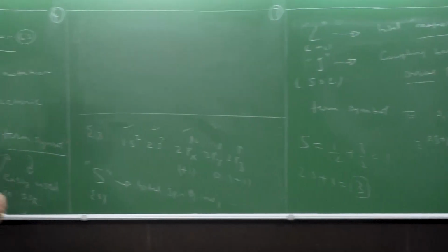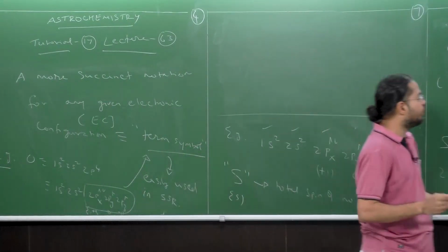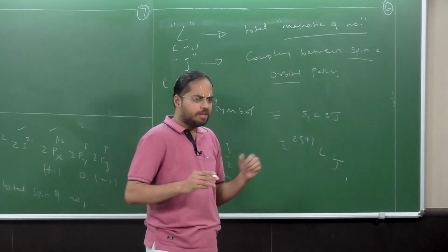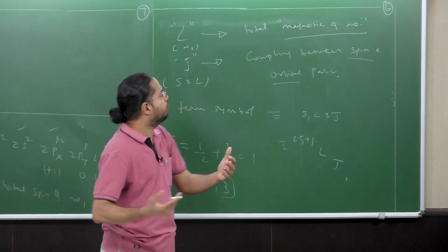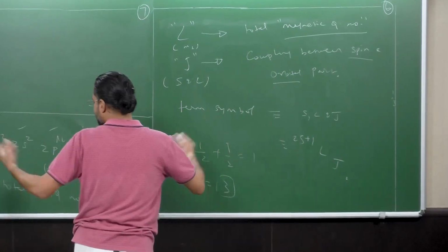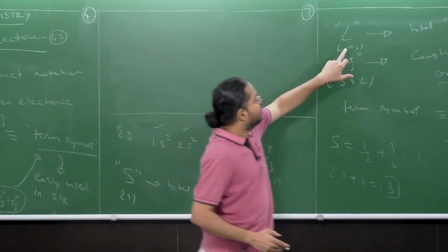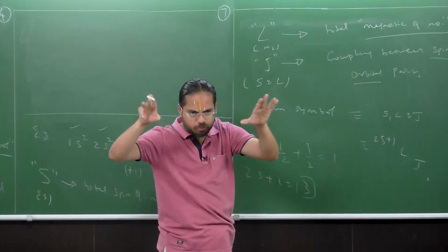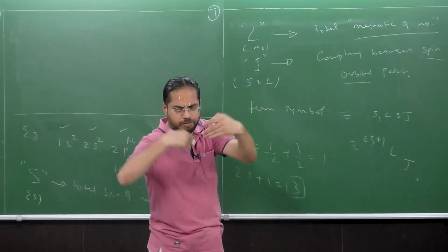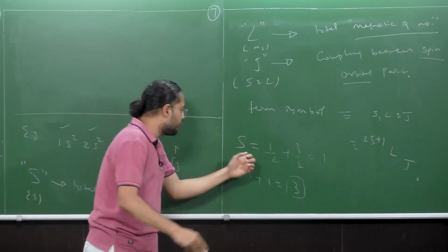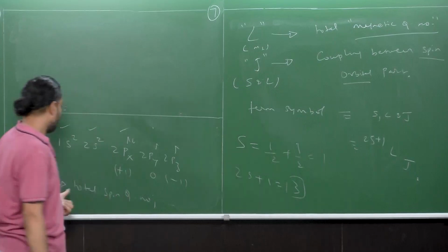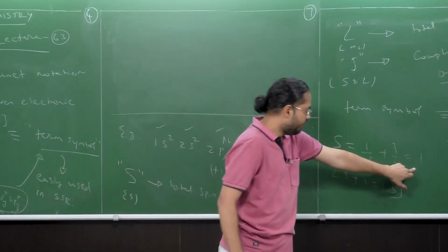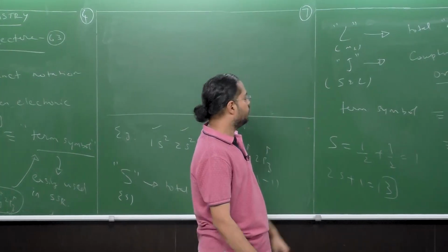I told you that the term symbols can be represented in terms of 3 quantum numbers, capital S, capital L, and capital J, wherein the S and L quantum numbers are going to be the net contribution from spin and the magnetic quantum number or the angular momentum part of the quantum numbers. J will come to here. We already computed the S value for oxygen atom for this specific configuration to be +1, so the 2S+1 is going to be 3.